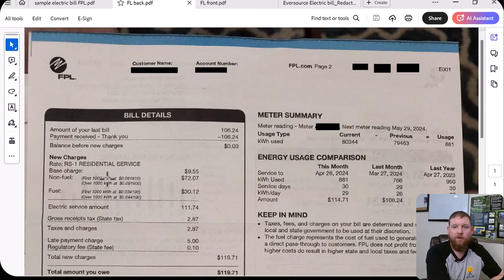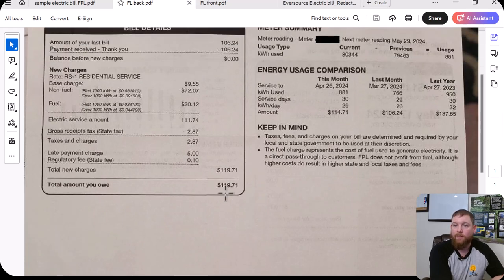So you can see their non-fuel charge is 8 or 9 cents respectively, and their fuel charge is 3 or 4 cents respectively per kilowatt hour, which again, those numbers are already drastically lower than Eversource. But rather than mess around with that math, we're just going to go with the three numbers that are going to be the simplest: the total charges, the usage, and the non-usage associated charges.